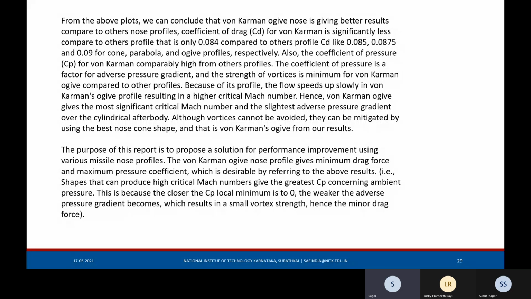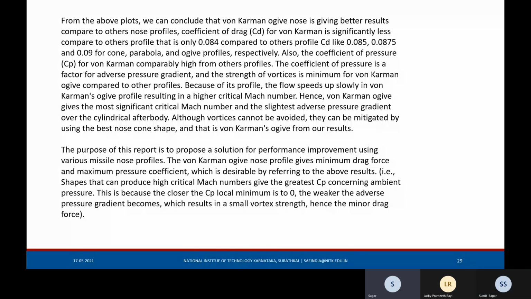For example, the coefficient of drag for von Karman is very low compared to the others, only 0.084, while it is 0.085 for cone, 0.0875 for parabola, and 0.09 for Ogive profile. So from this we can conclude that the von Karman Ogive profile is the best.